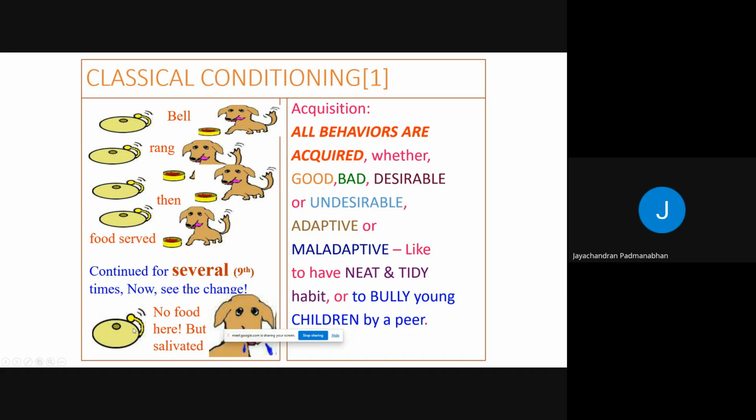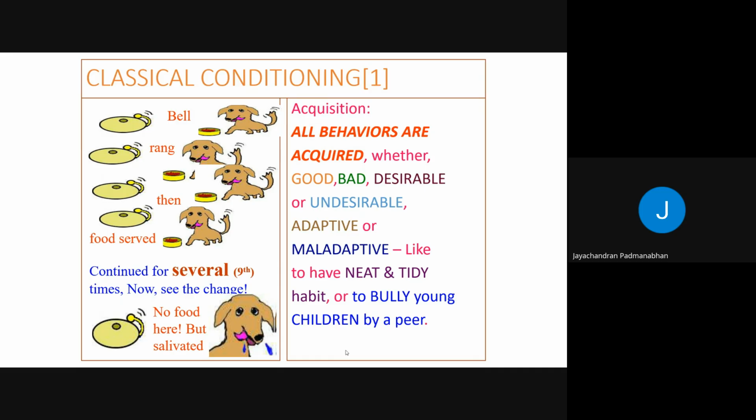The dog salivated. So he established it after many years only that all behaviors are acquired.